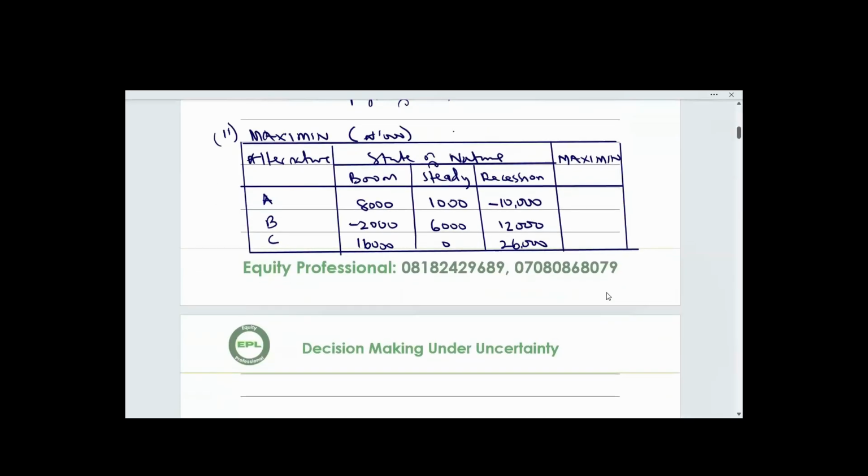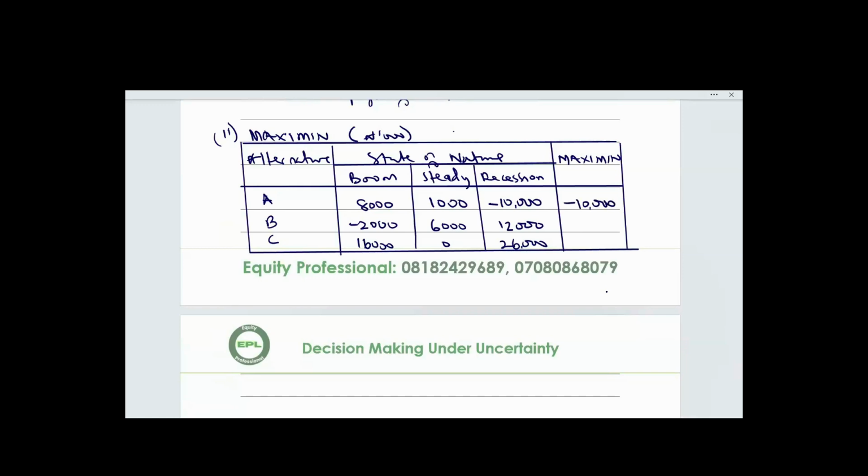Okay. Now, using maximin criterion, you are supposed to initially select the lowest value in each row. Then to make a decision, you select the maximum of the lowest value. So in this case, for alternative A, minimum value is minus 10,000.